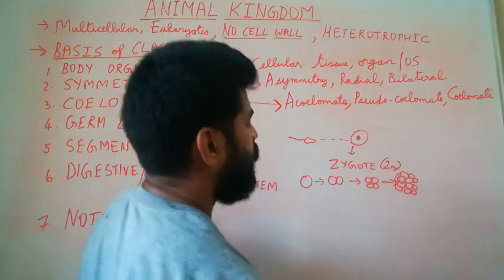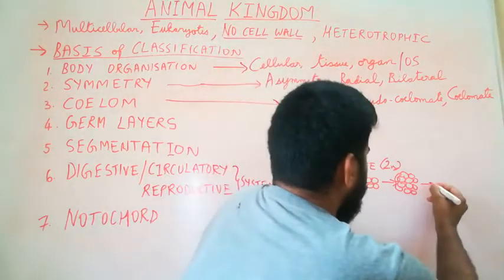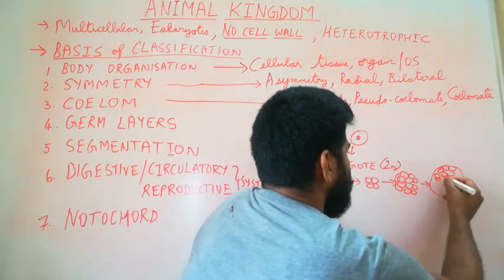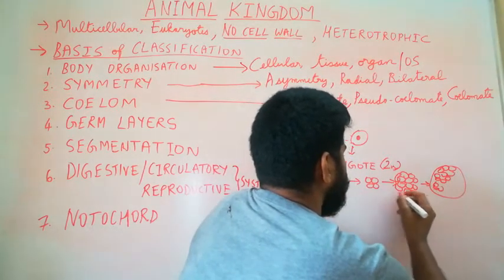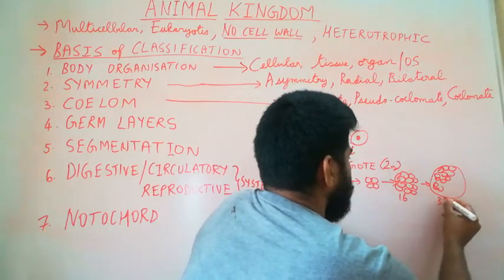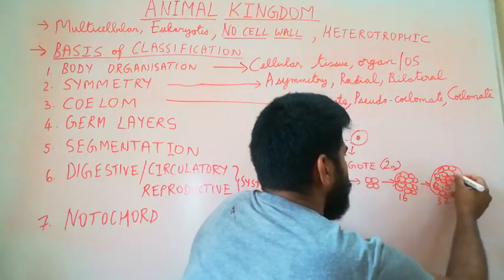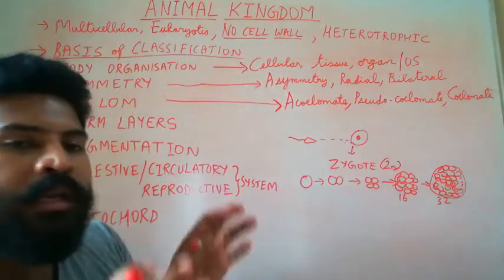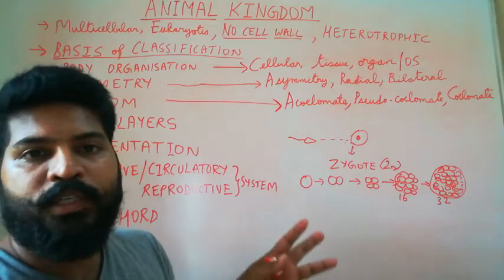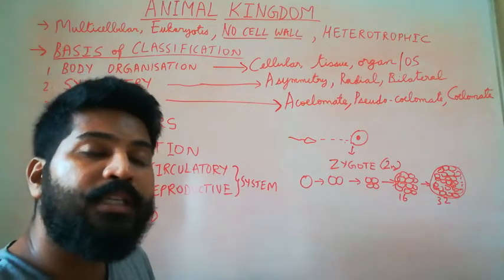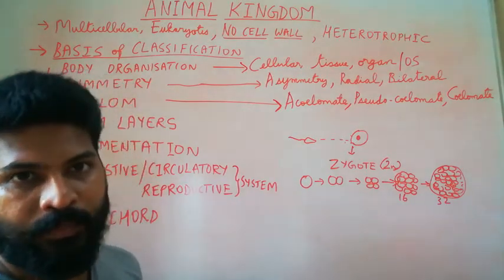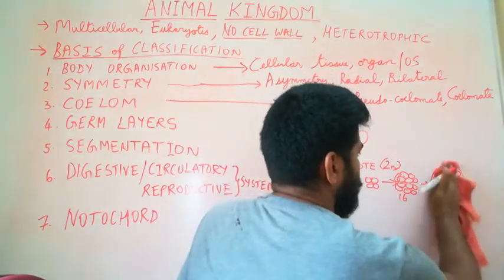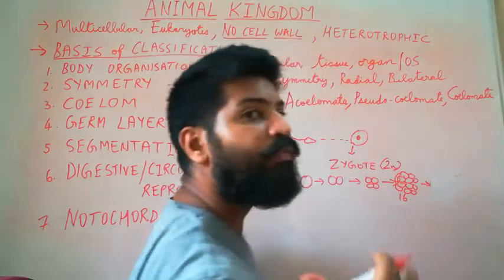It continuously divides and finally produces a mass of cells containing 16 cells and 32 cells. So one single zygote divides to produce a mass of undifferentiated cells. They are not differentiated. During the 32 cell stage, the cells will now undergo differentiation.